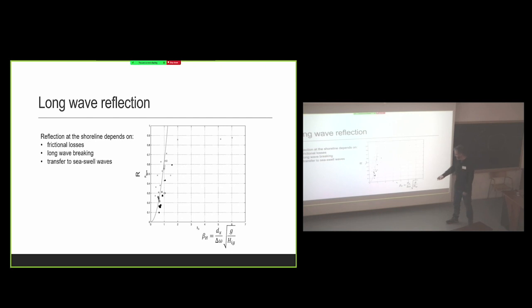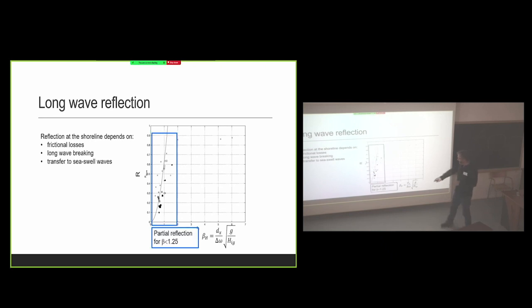And for that, they introduced a slightly modified parameter. But again, it depends on this ratio. So this is basically the relative slope of your bound wave height or your incoming infragravity wave height, and the bottom slope that controls the reflection and also the growth.